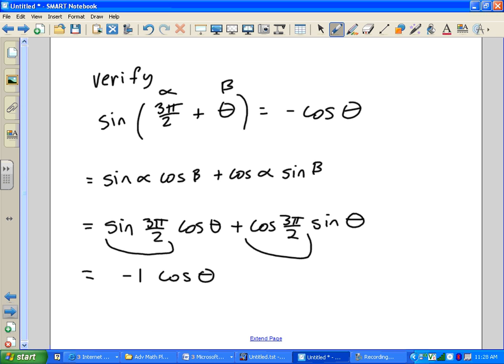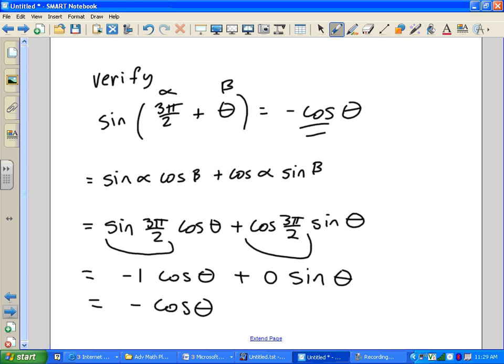Now, look what's going to happen on this one. The cosine of 3 pi over 2 is 0, right? And so this would be 0 times sine of theta, and 0 times anything is just going to be 0. So this would leave me with negative cosine of theta. Now, is that what I was supposed to prove there? Yeah.